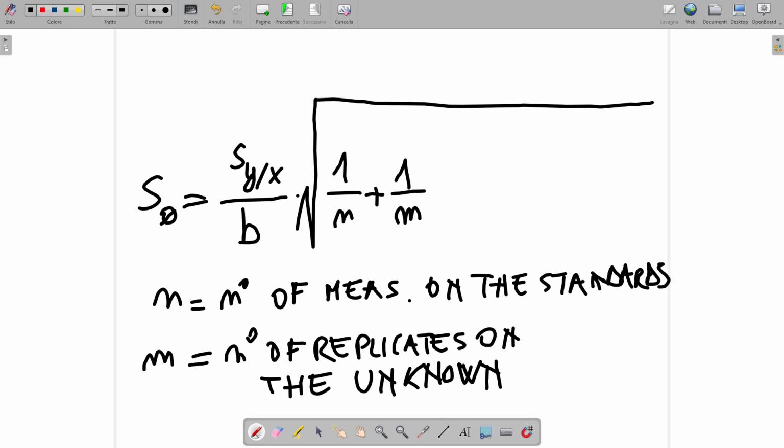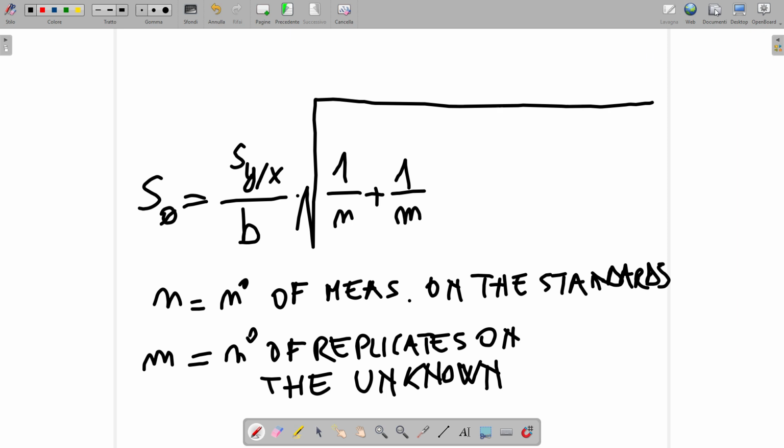We imagine that we have injected in the LC our unknown sample m times. So one injection, another one, m times. And we take the average of the area obtained with the unknown. Okay?